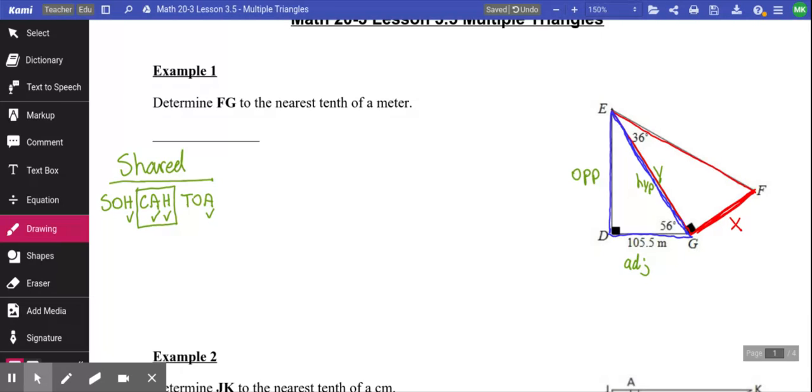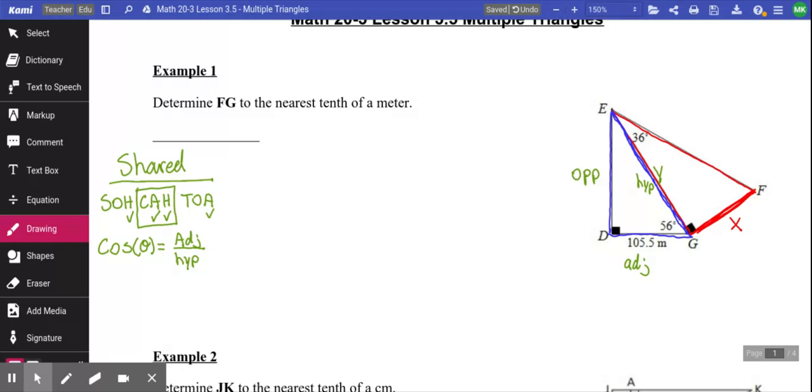This tells me that I need to use my cosine formula. The cosine formula will always be provided for you. It's cos of an angle equals adjacent over hypotenuse. It's the normal one. Now that I know which formula I'm using, I'm plugging my values in.